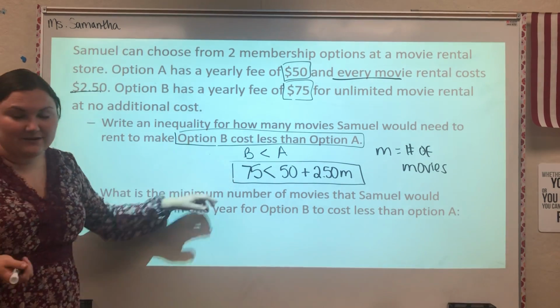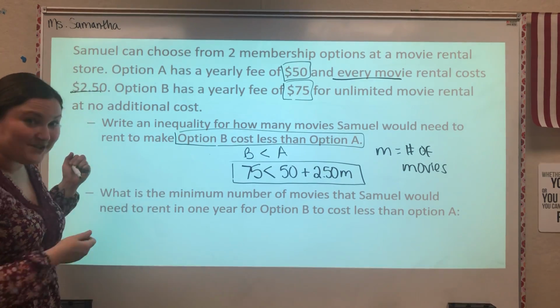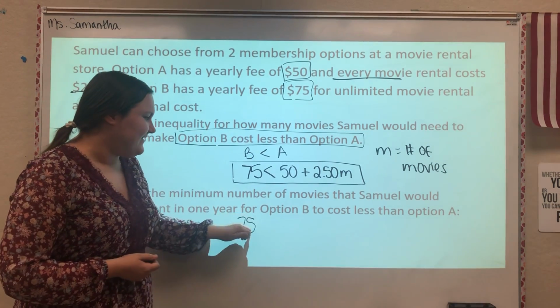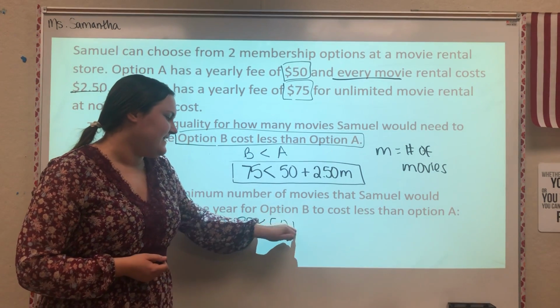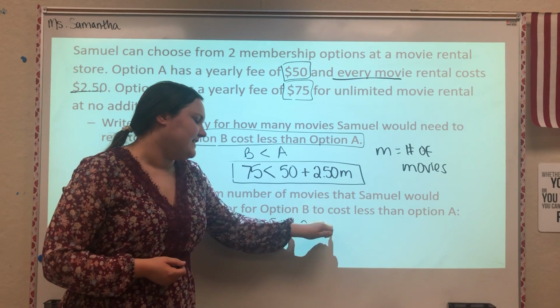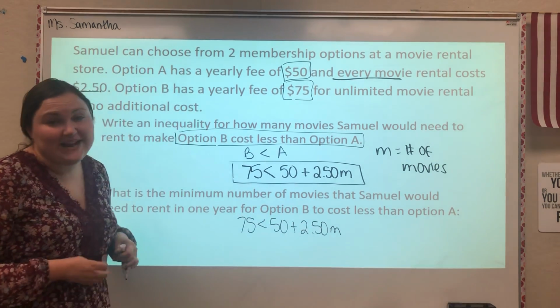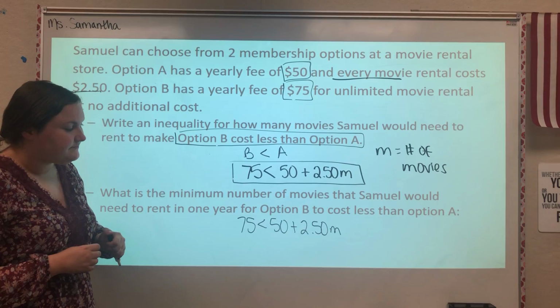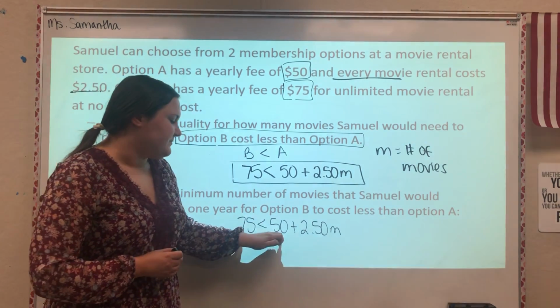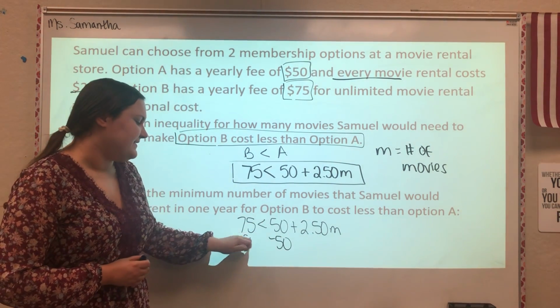Now that we've got this inequality, all we have to do is solve it. So I've got 75 is less than 50 plus 2.50m. Go ahead and try solving this inequality. Well, we want to subtract 50 on both sides.